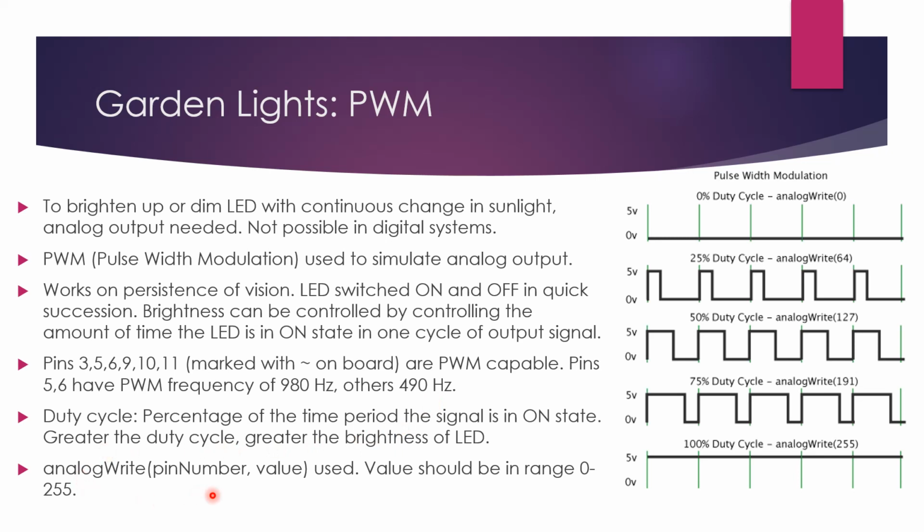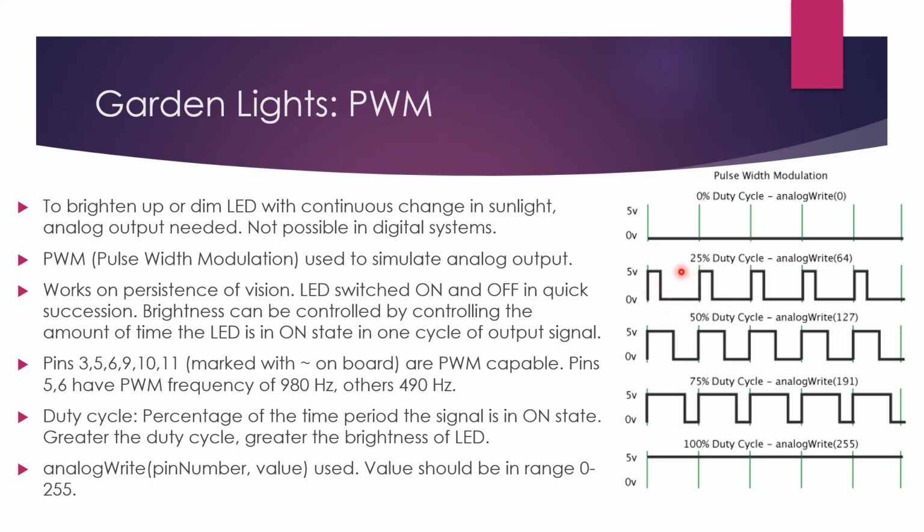Now we use the analogWrite(pin number, value) function in the Arduino IDE for PWM outputs. The value should be in the range of 0 to 255. Now here this graph could help us understand PWM.